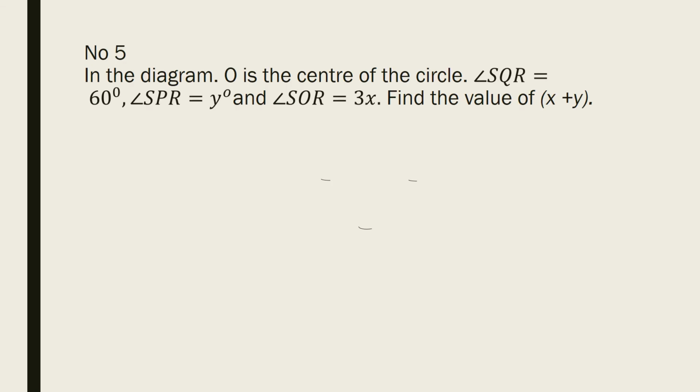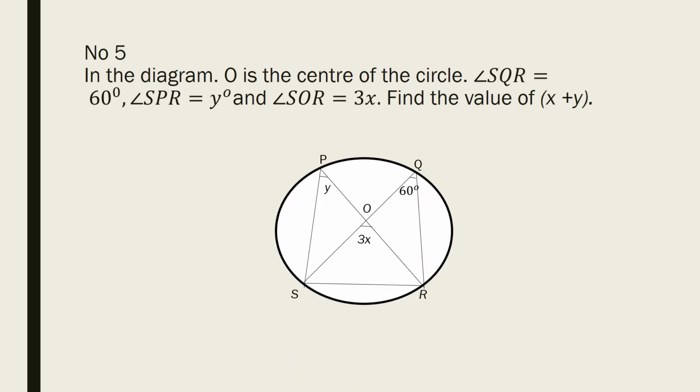We have number 5, and we have the circle given to us. Remember, we are dealing with circle today. Here is our center O, and we have angle SQR, the angle formed at Q here, that is 60 degrees.